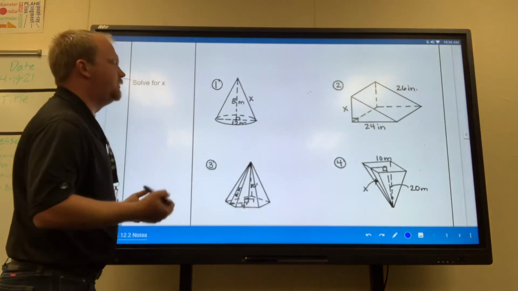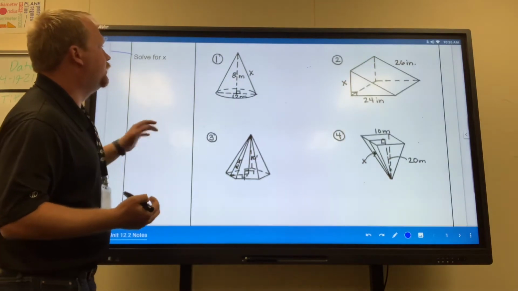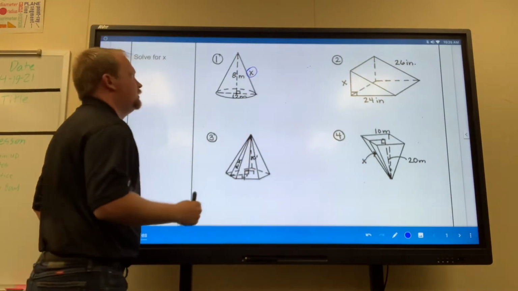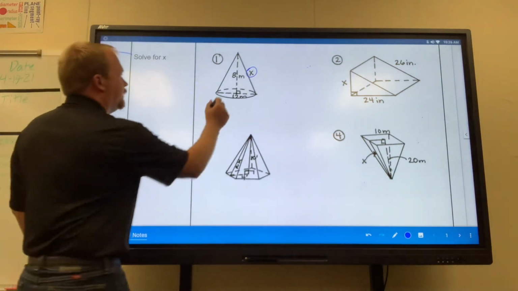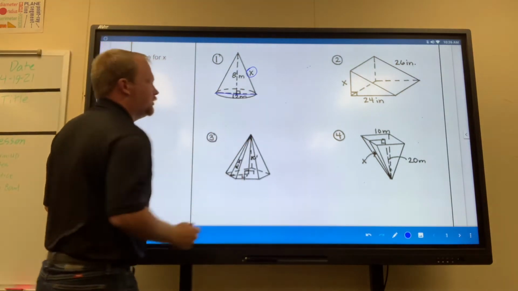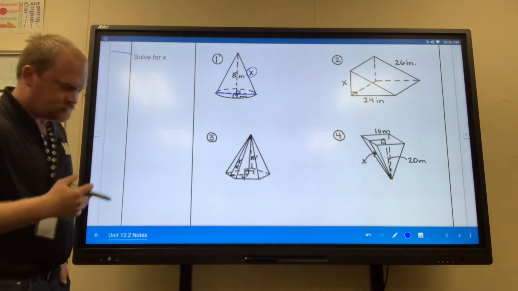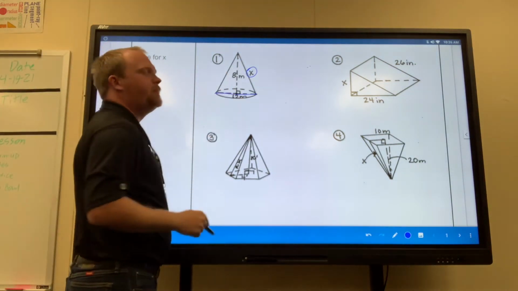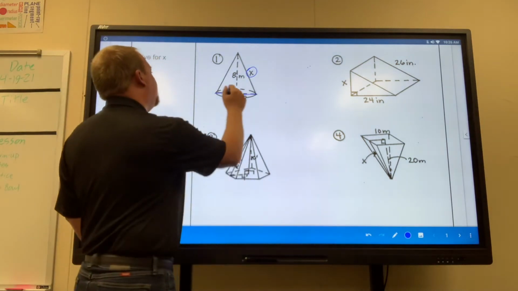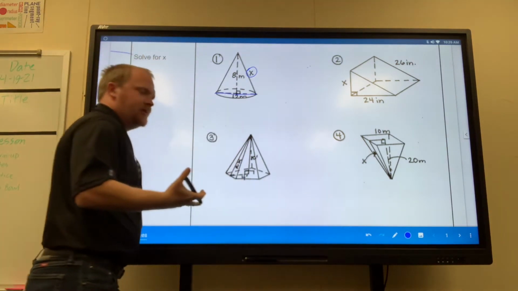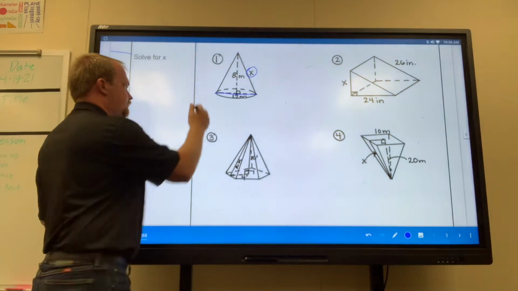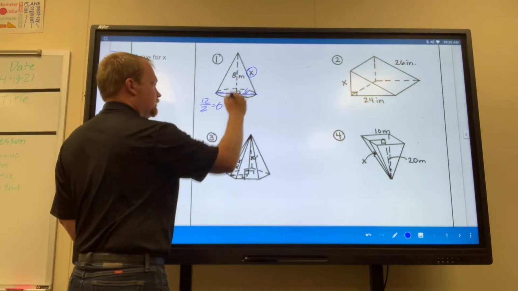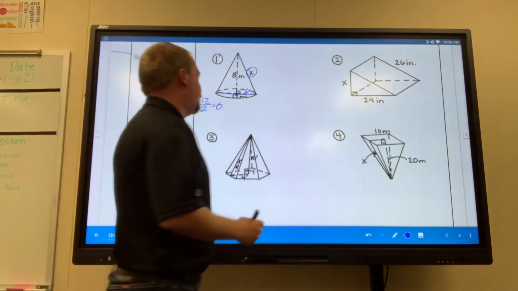Now, let's look at some examples of finding length. For example, I want to find this x right here. Well, first off, this diameter gives me 12. But imagine that this is dead center of the base. If this is dead center, that means it cut it in half. So half of 12 is 6. So I have the length of 6 here.